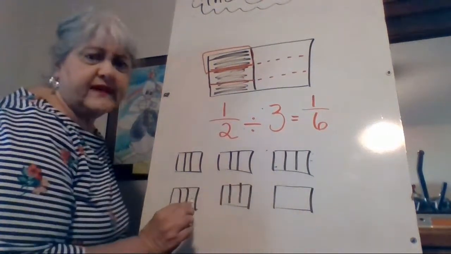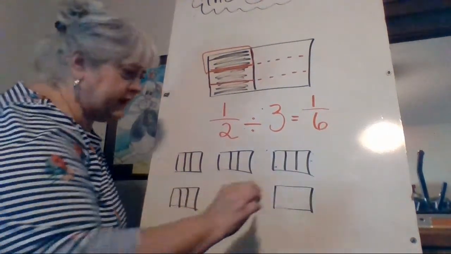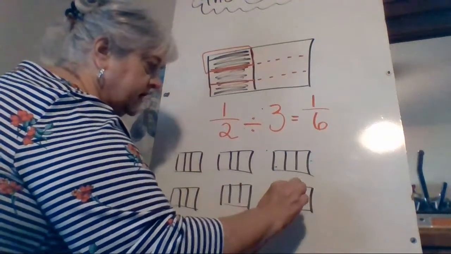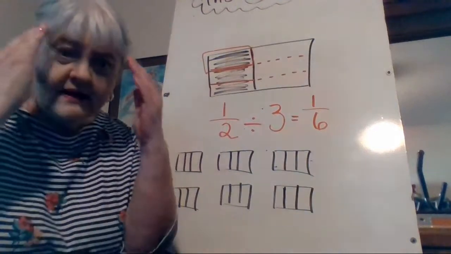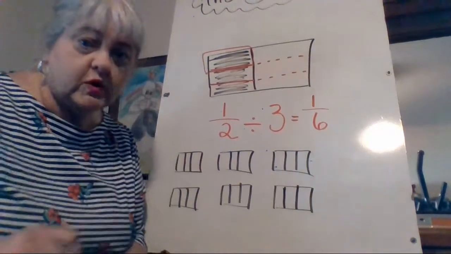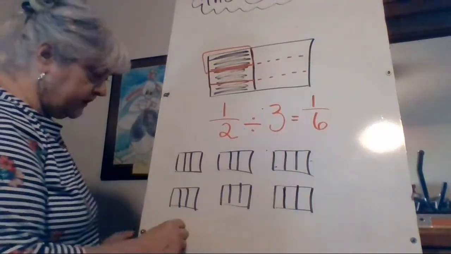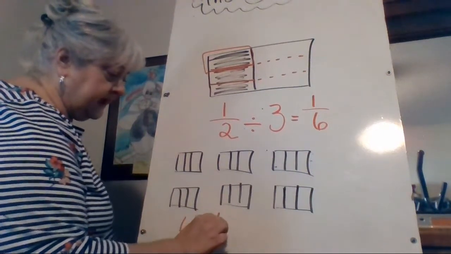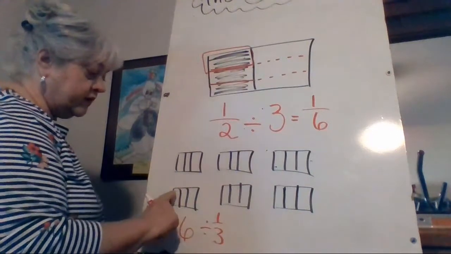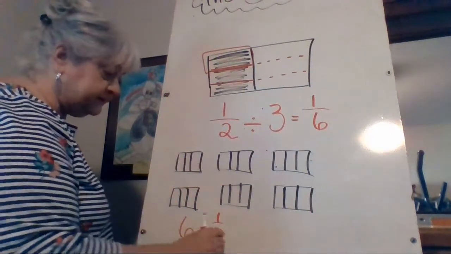Don't you just love dividing fractions? I just think of pans of brownies, and that helps me figure it out. So what did I start with? Remember, you always have to think, what am I starting with? I'm starting with 6 pans of brownies, and I'm dividing them into thirds because I've cut each one into 3.